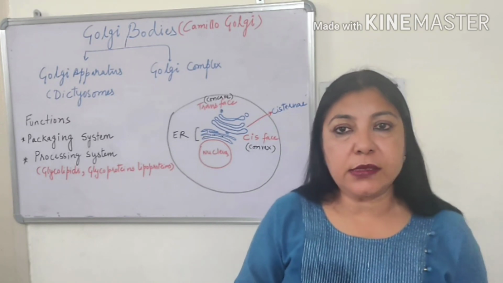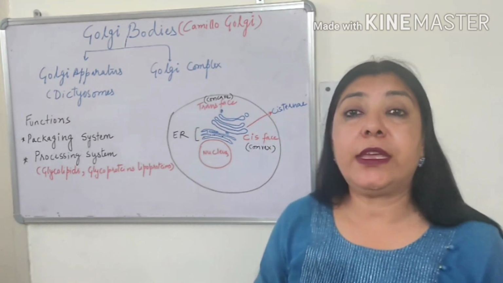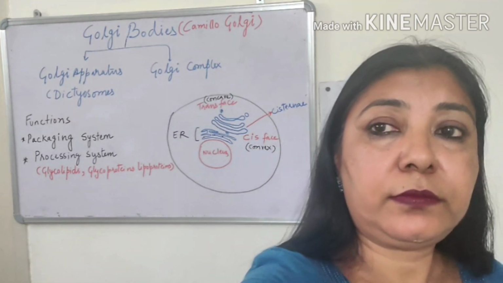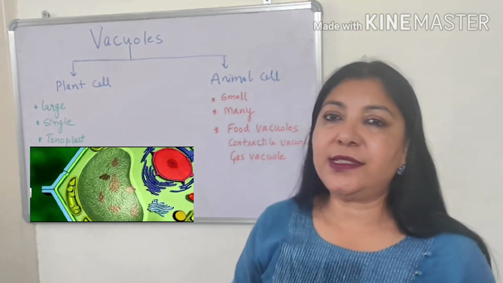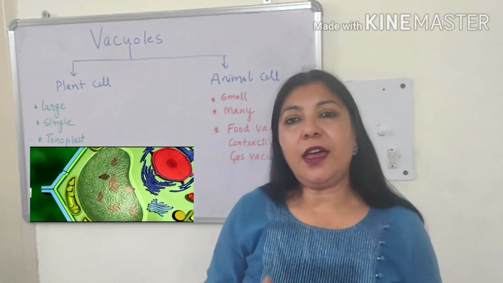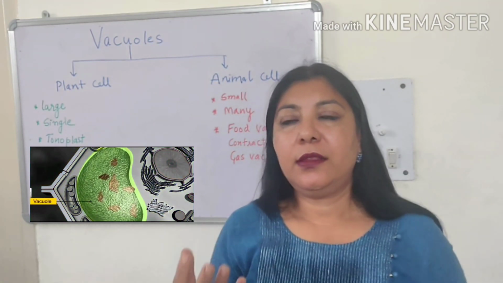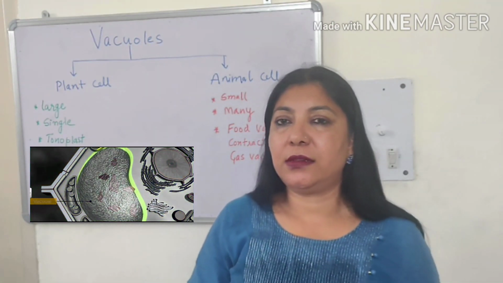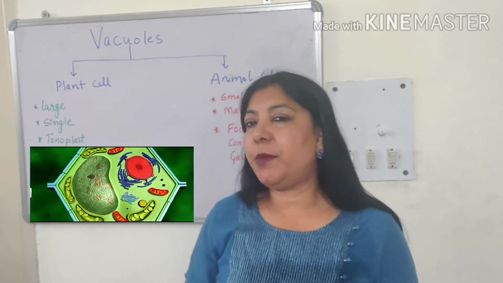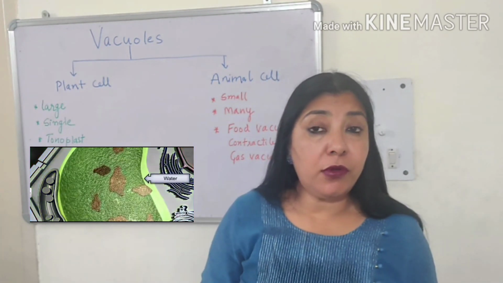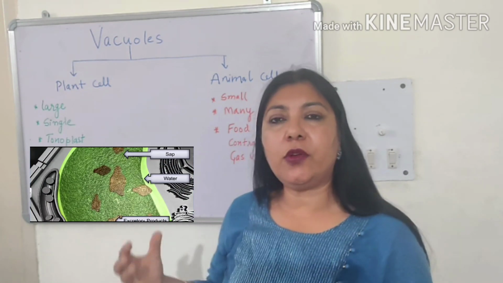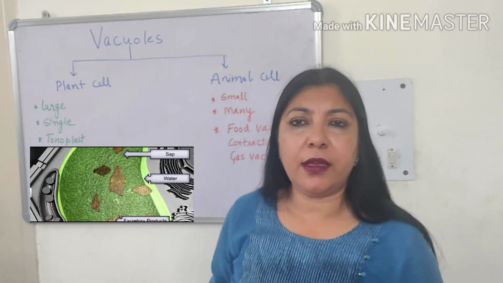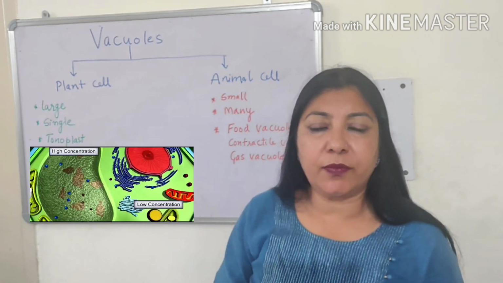After Golgi bodies, let's move to vacuoles. Next is vacuoles. Vacuoles are very simple structures. In a way, they are reservoirs or they are storing substances. So these substances may be water, it may be food, it may be different ions. Most of the time these vacuoles are much more concentrated as compared to the cytoplasm.